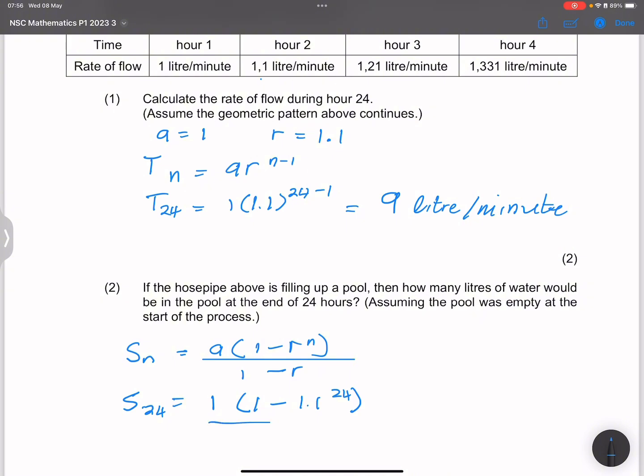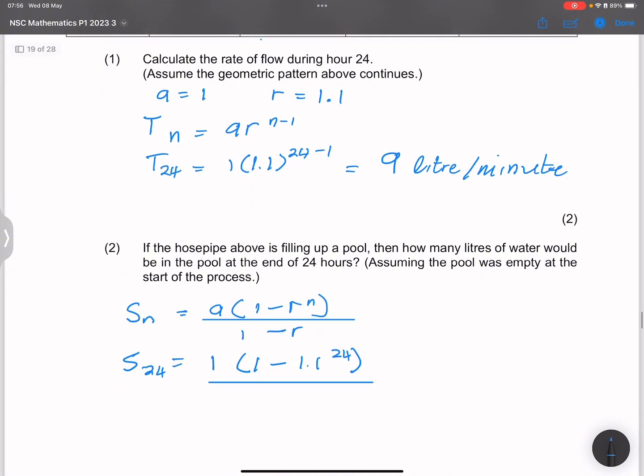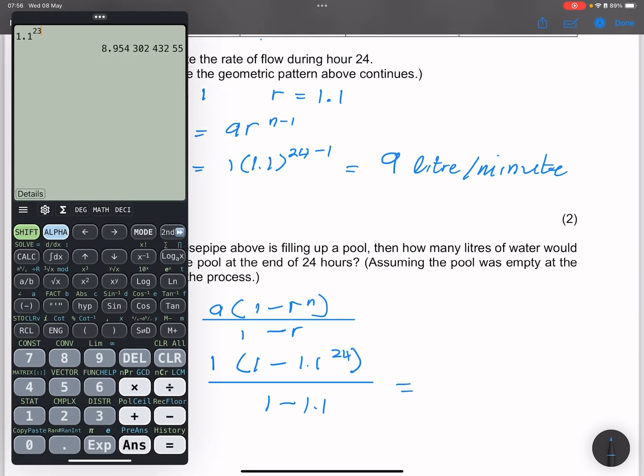Let's say 1 minus 1.1 exponent 24, divided by 1 minus 1.1.